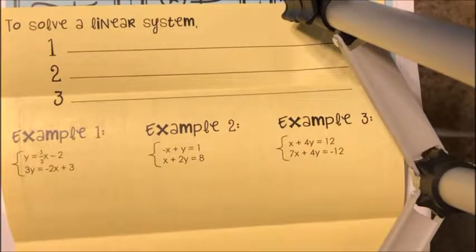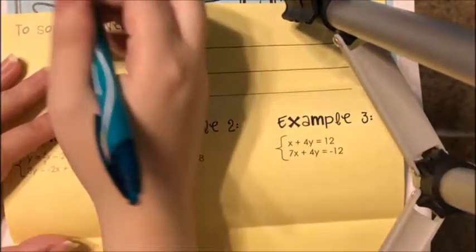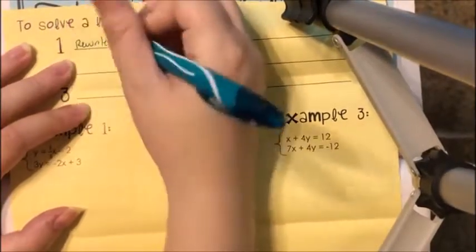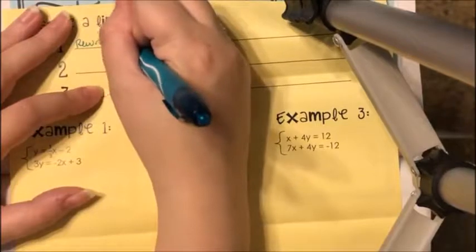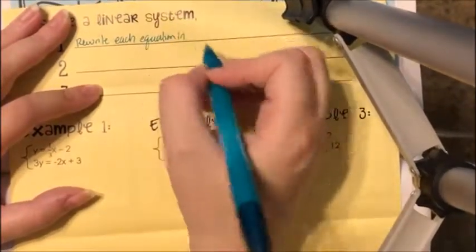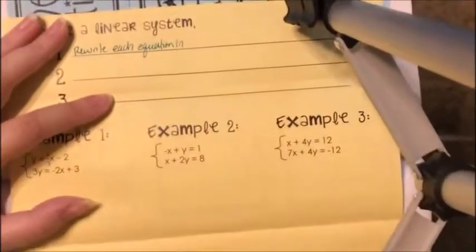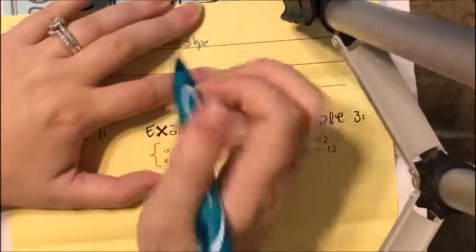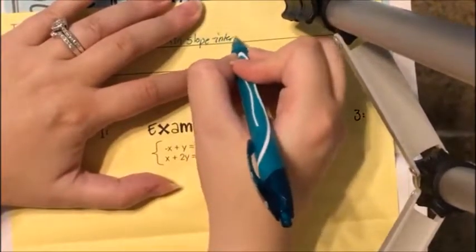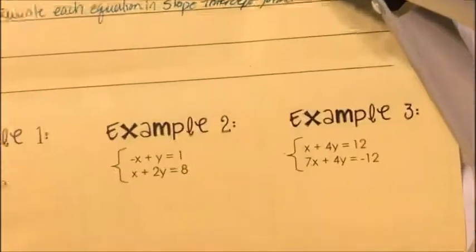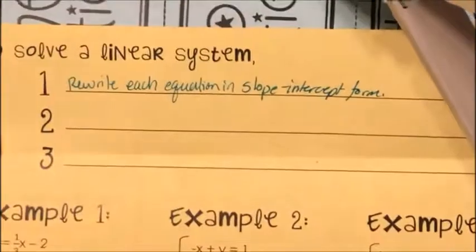All right, so there are 3 steps when I'm solving a linear system by graphing. So step 1 is rewrite each equation in slope intercept form. Okay, so rewrite each equation in slope intercept form.